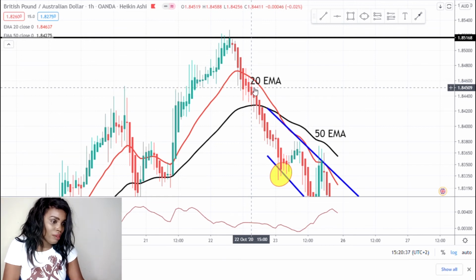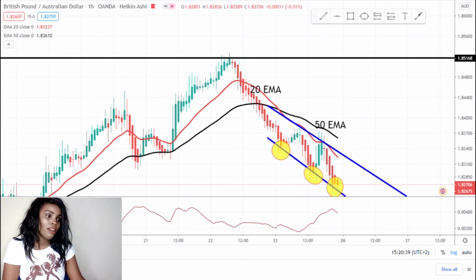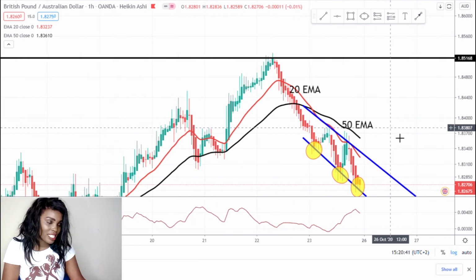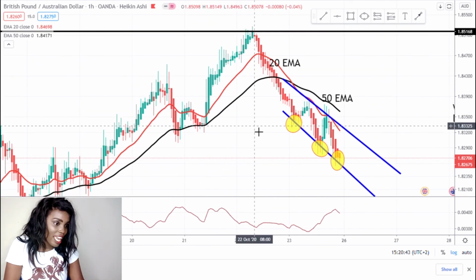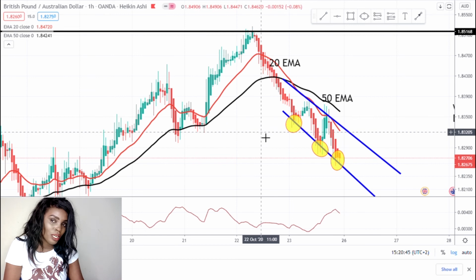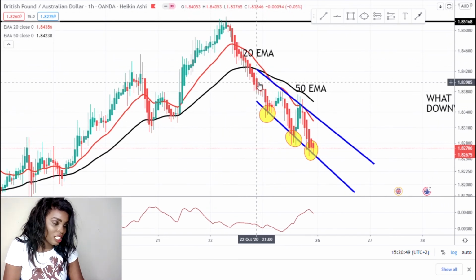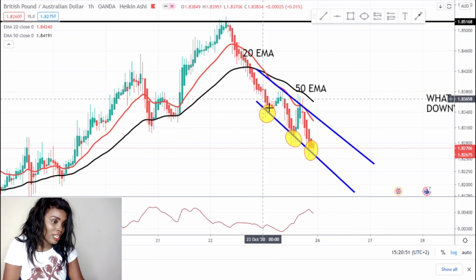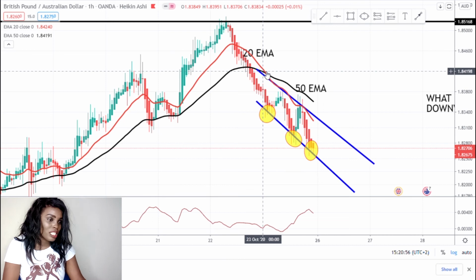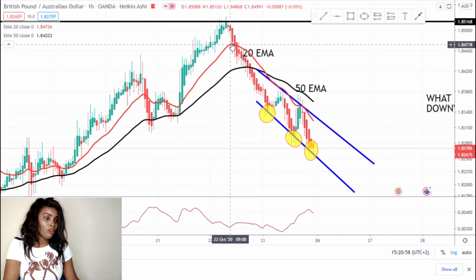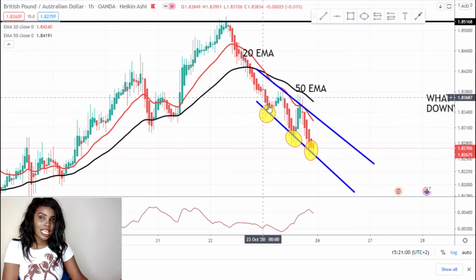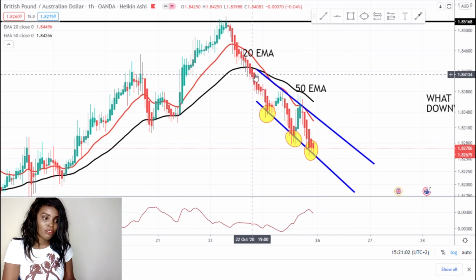Now if the price breaks 20 EMA, it is below, then it breaks down 50 EMA, it crosses. Now that's given. We are looking for sell position. That's a good confirmation. I have my confirmation there.